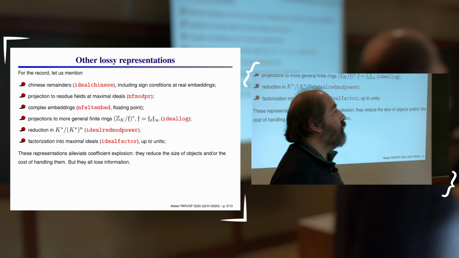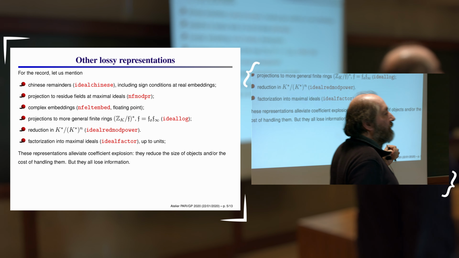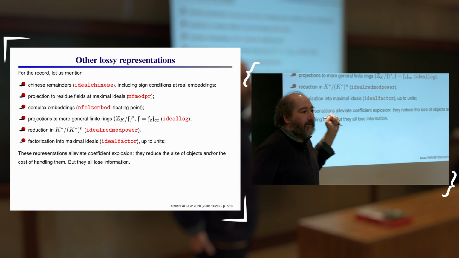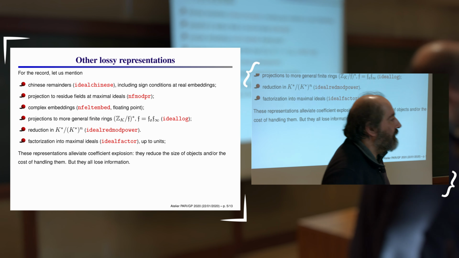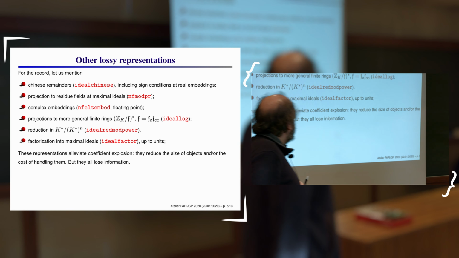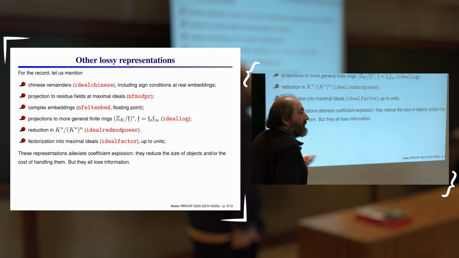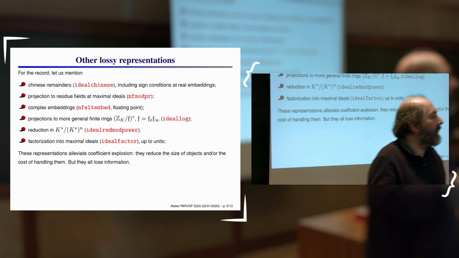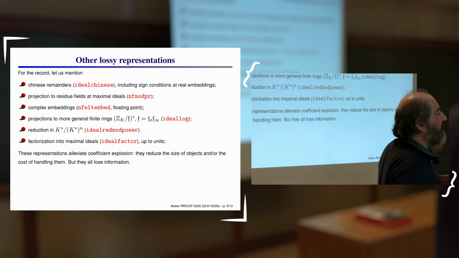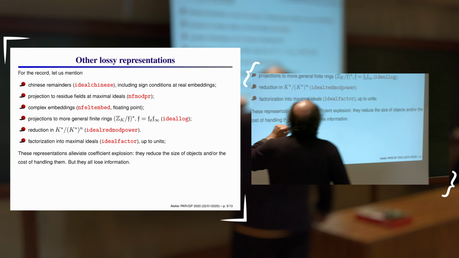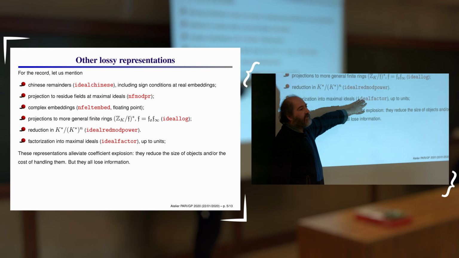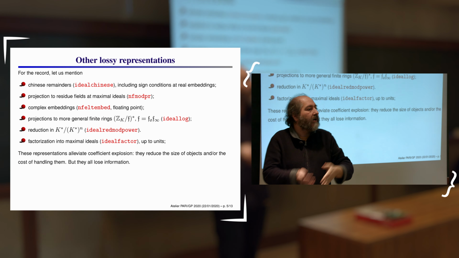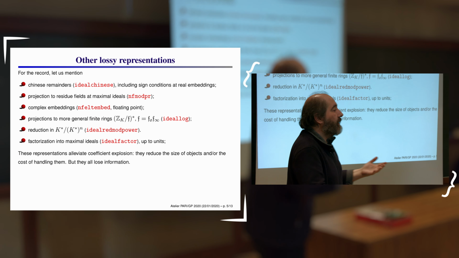So basically, we're computing modulo units. And of course, this would kill all the huge units that we saw before, because the units just generate the full ring of integers. But that solves, in some way, maybe not the right way, but in some way, the fact that units are huge; they are killed by this construction. And here, ideal factor is just another way of organizing this information. We could just use ideal HNF, which represents an element by the principal ideal that it generates.